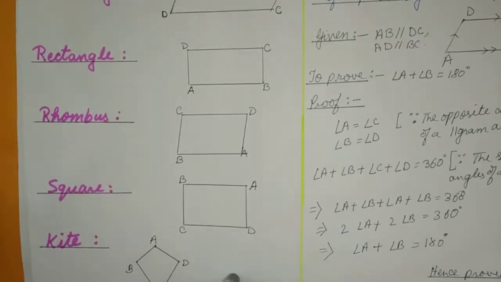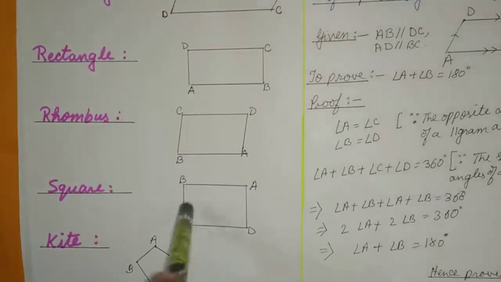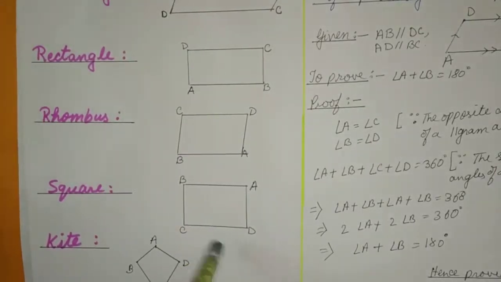So if you have all four sides equal, the diagonals bisecting at right angles, the angles equal to 90 degrees and the diagonals equal, we know that it is a square. I think I am very clear about the properties.